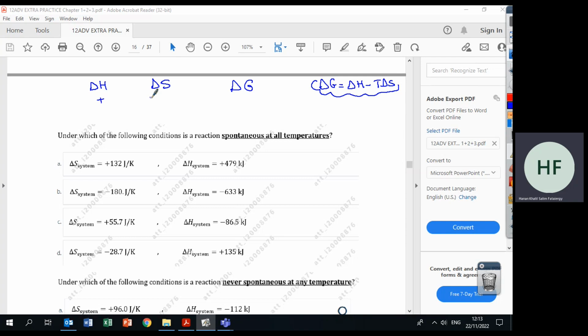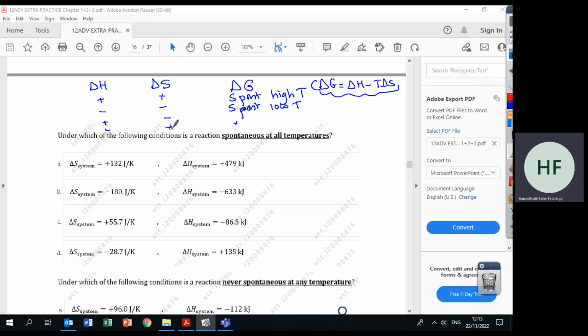Okay, we said if this is positive, the reaction will be spontaneous at high temperature. If this is negative, the reaction will be spontaneous at low temperature. If this is positive and this is negative, delta G will be the sign of my name, so it will be the sign of Hanan, it will be positive.